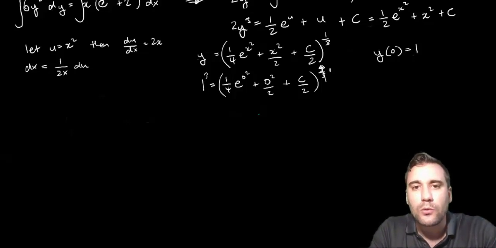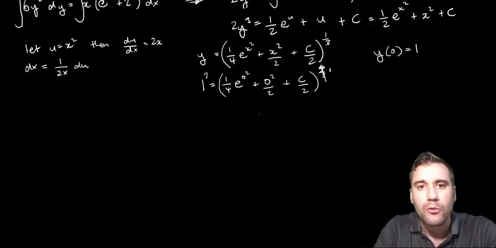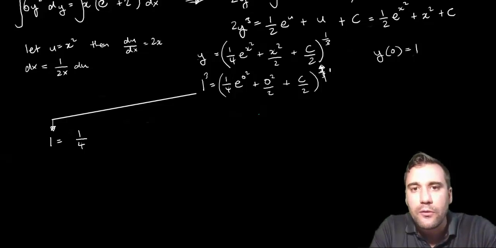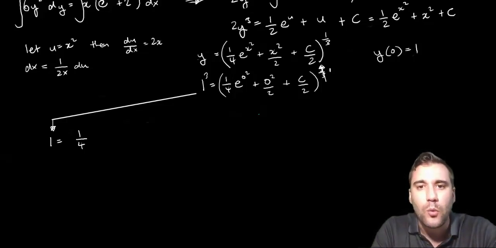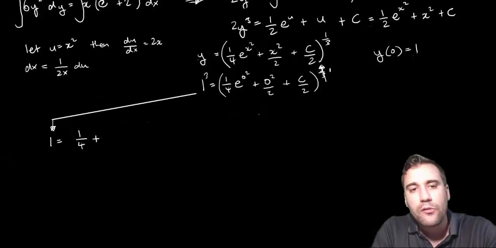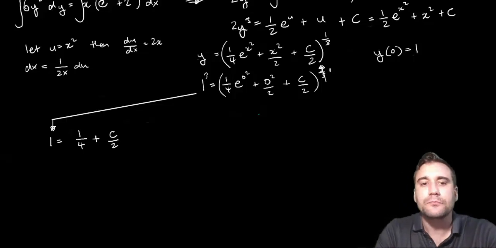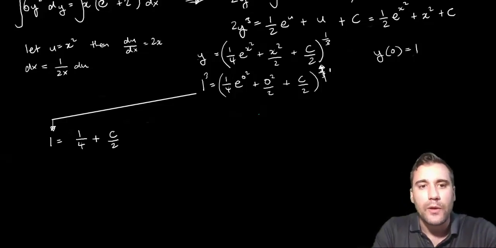And 1 cubed is just equal to 1. So this becomes 1 is equal to 1/4 e to the 0 squared. Well, anything to the power of 0 is just 1, so that's 1/4, plus 0 squared on 2 is just 0, so we'll ignore that. And there's still the c on 2.